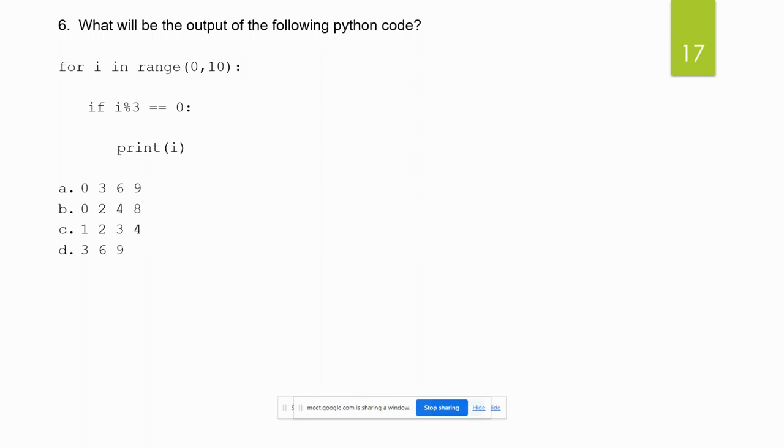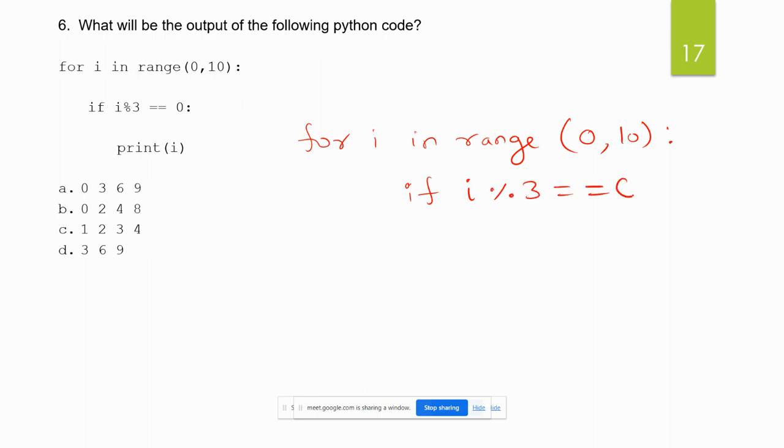Okay, so now I will tell you how this works. In the for loop, first we are saying for i in range 0 to 10, if i percent 3 is equal to 0, then print i.